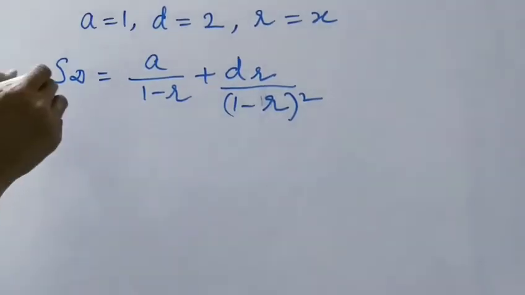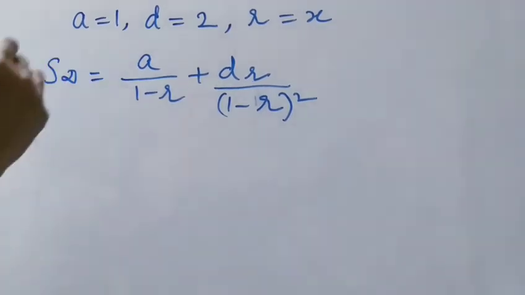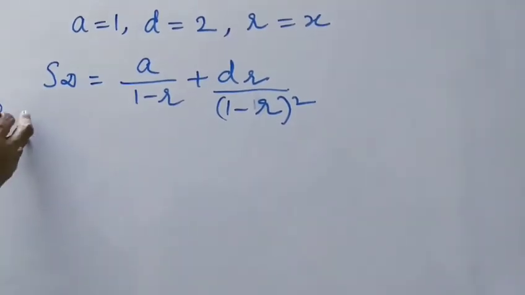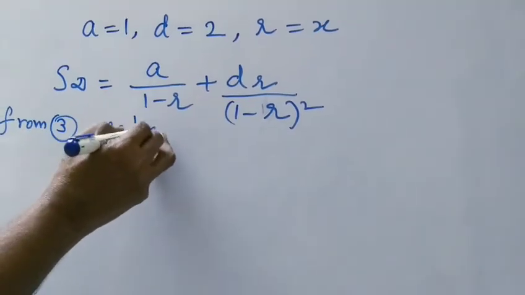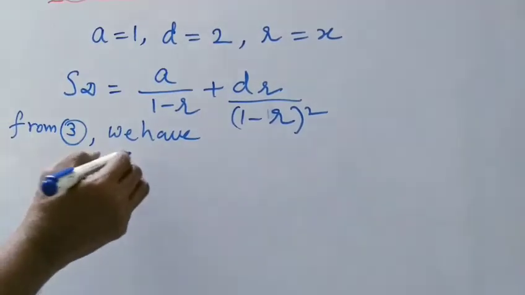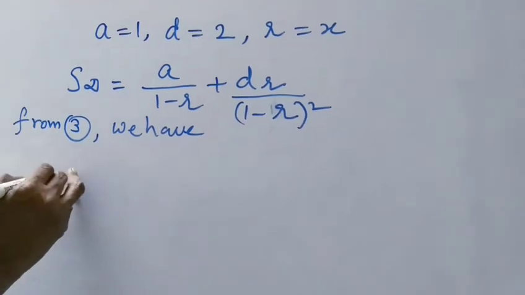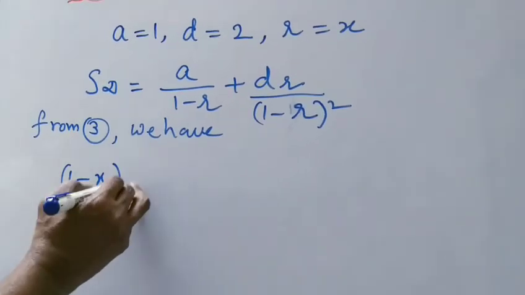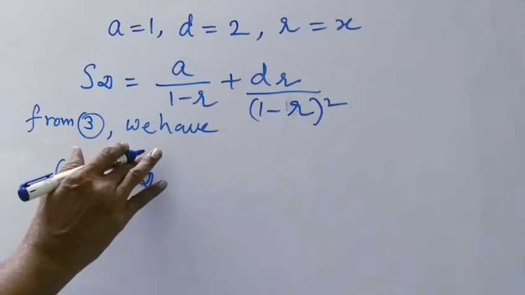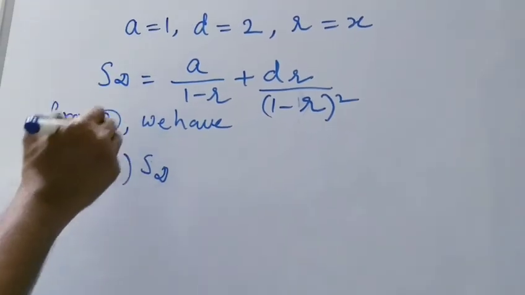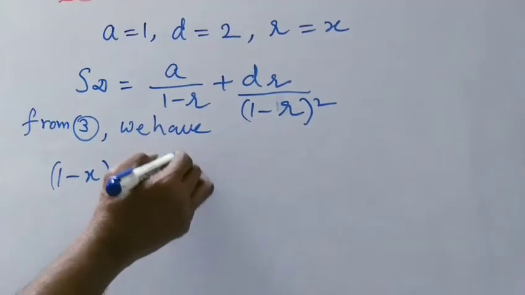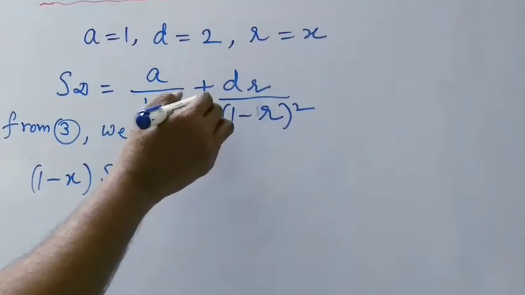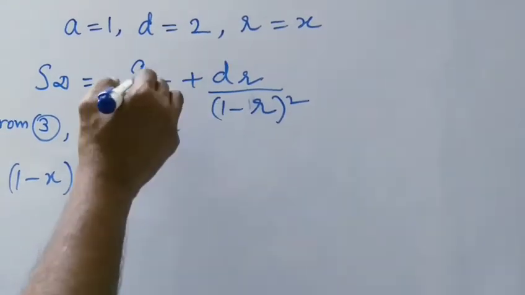So here, from the third equation, we have 1 minus x into S infinity, where a is equal to 1, d is equal to 2, r is equal to x. We are substituting now.